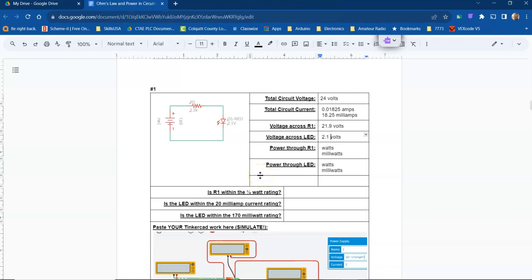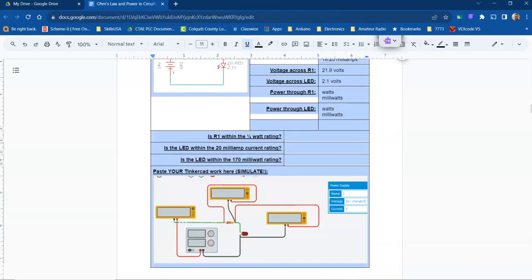Now all we have to do is find the power rating. And remember, power is P equals current, I, times voltage.